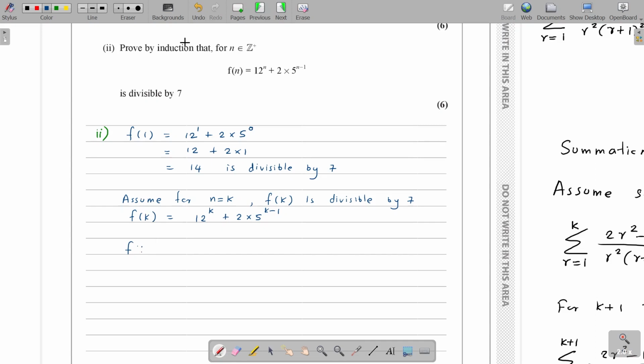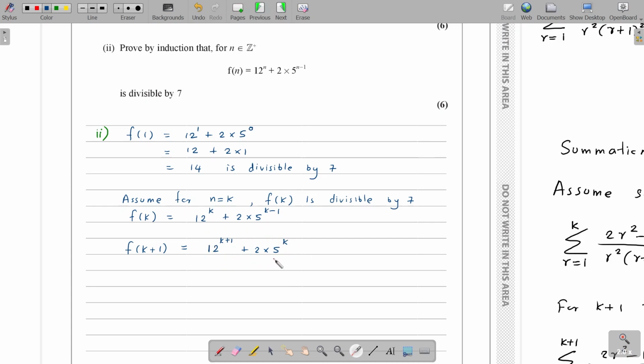Can I know what is Fk plus 1? Fk plus 1 will be 12 to the power k plus 1 plus 2 into 5 to the power k plus 1 minus 1, which is 5 to the power k. K plus 1 minus 1, the minus 1 plus 1 cancels. Can you see? So your task is to show that this particular value here, we can take a 7 out of it. So it's divisible by 7.